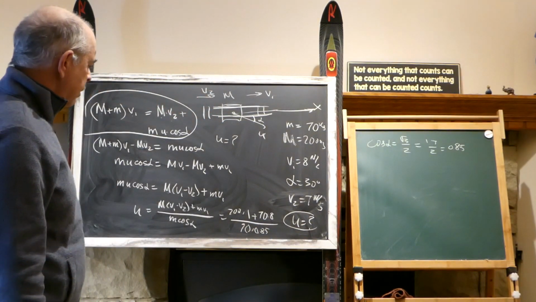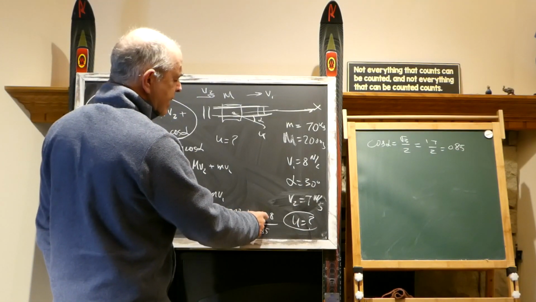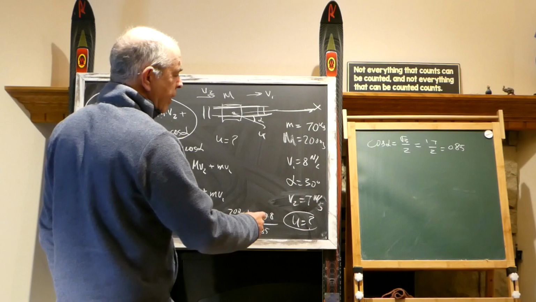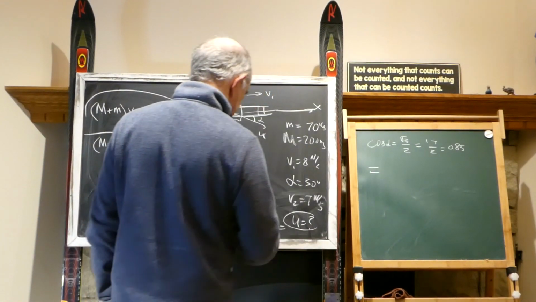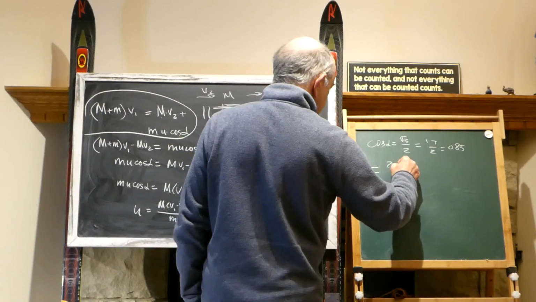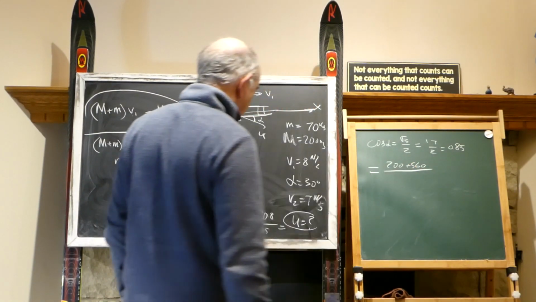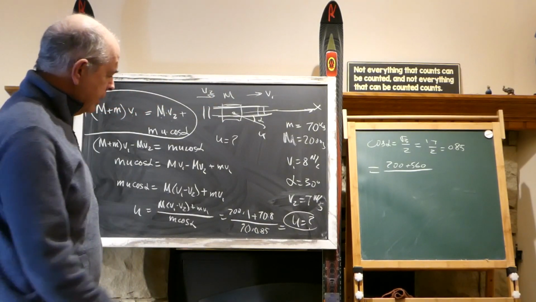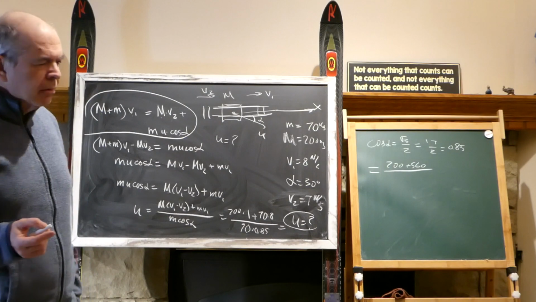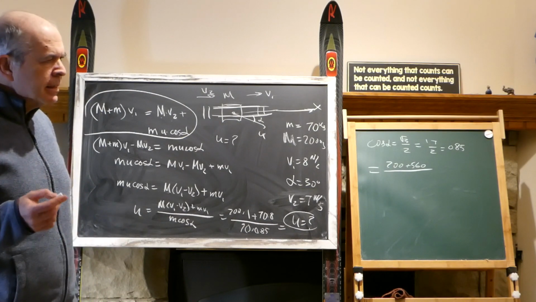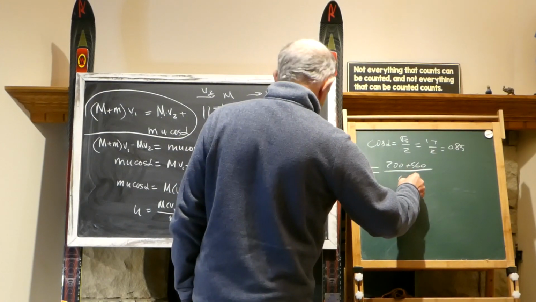All right. So then we will have 200 plus 70 times 8, which is 560. So I continue writing here: equals 200 plus 560, and this would be divided by 70 times 0.85, which is roughly 60.